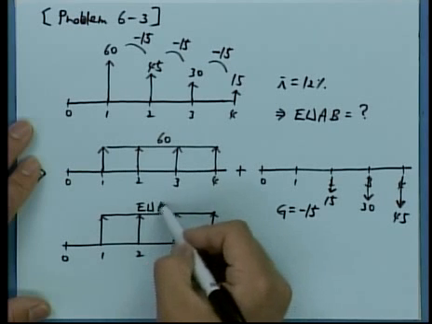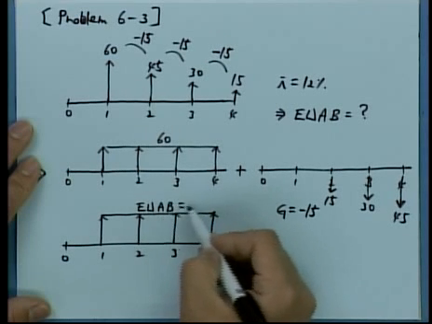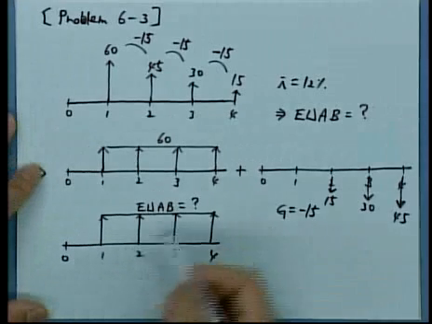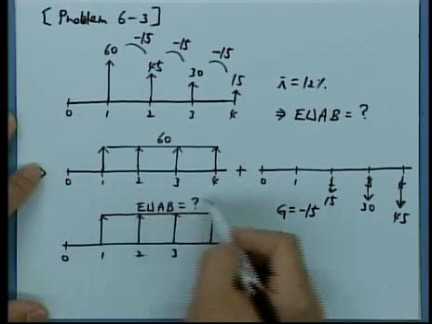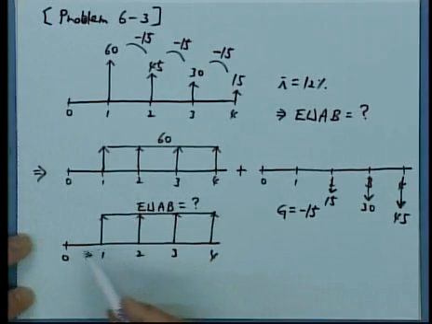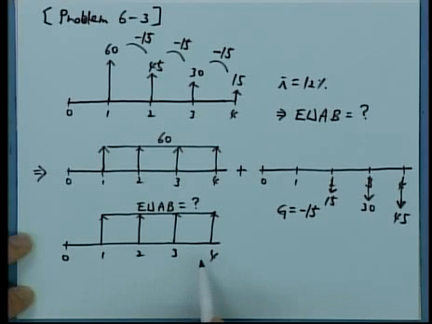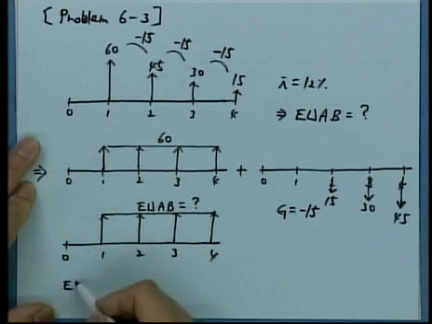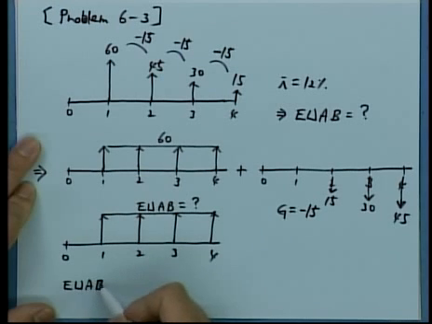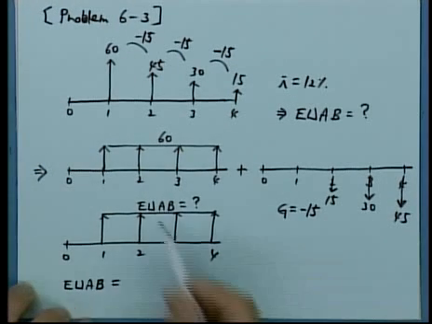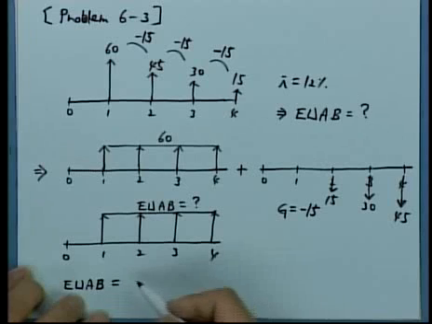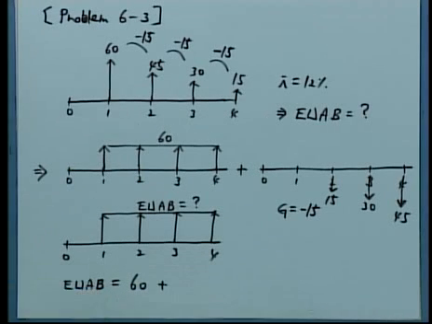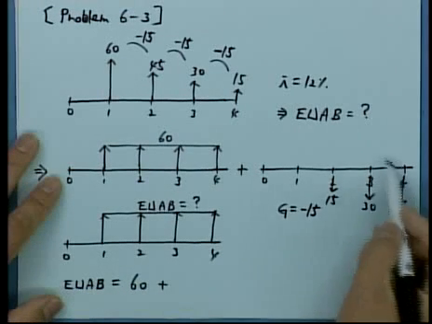Okay, we want to compute the equivalent uniform annual benefit, EUAB, which looks like this. So the equivalent uniform annual benefit would be 60 plus this.